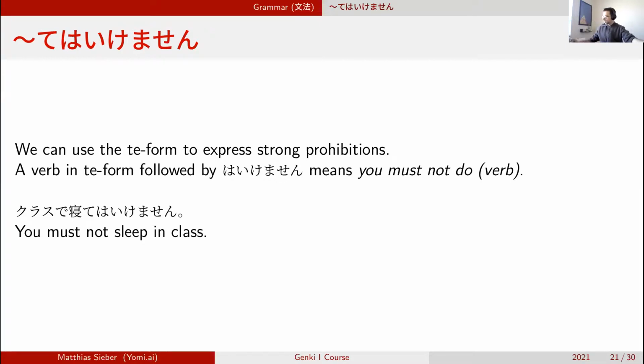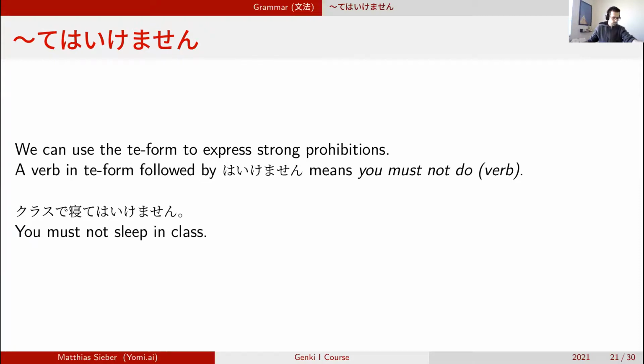What's the verb for to use? Tsukau, and that changes to tsukatte, with a small tsu followed by te.